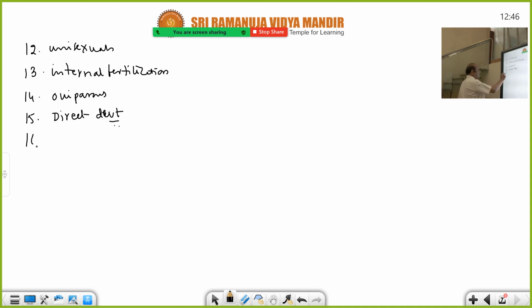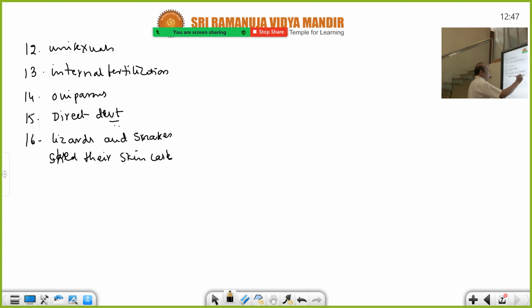And lizards, especially snakes, one feature is there: lizards and snakes shed their skin with scales as skin cast. So this is another important point, 16th point.